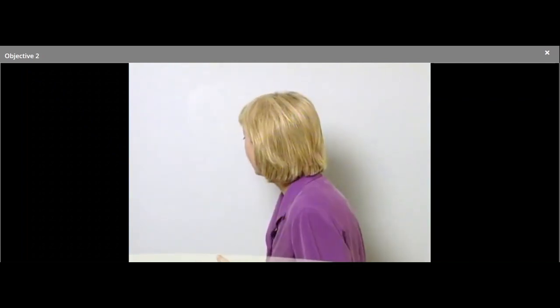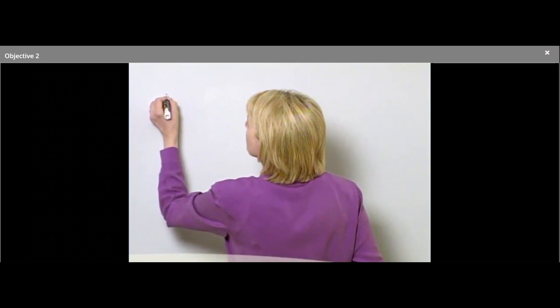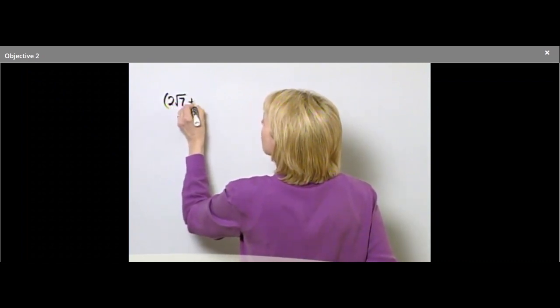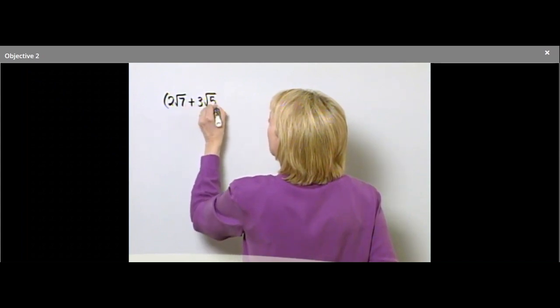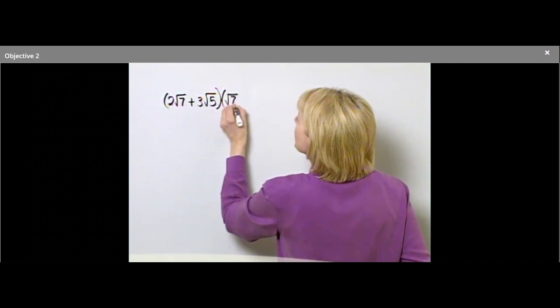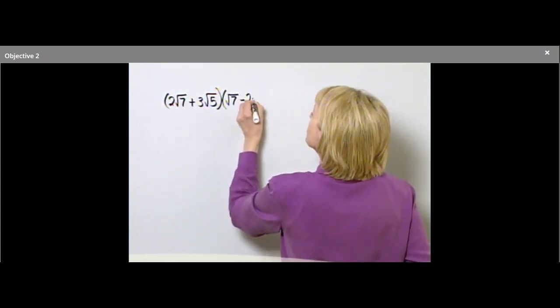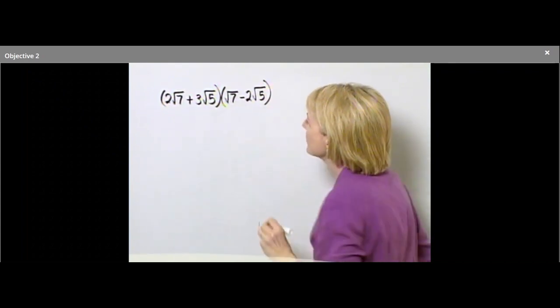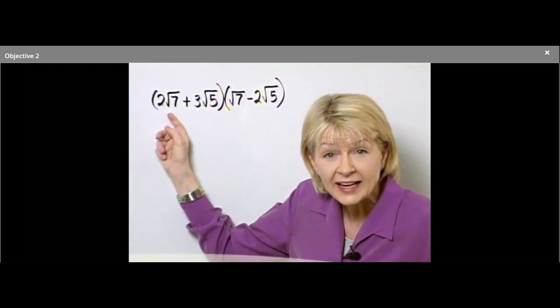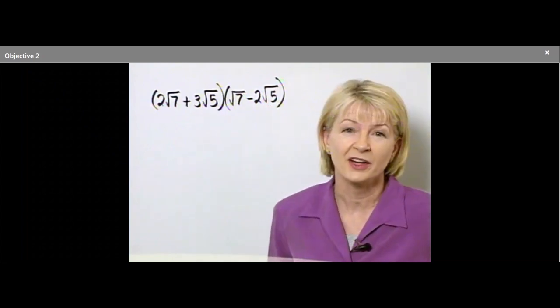Let's try this again. We are now multiplying radical expressions. Suppose I have 2 square root of 7 plus 3 square root of 5, and I will multiply it by square root of 7 minus 2 square root of 5. I think it will help if you think of this as a binomial times a binomial.